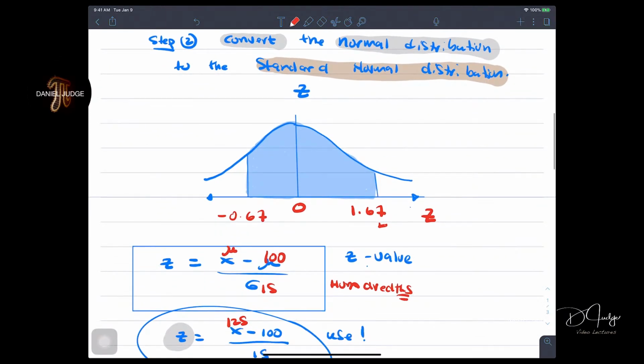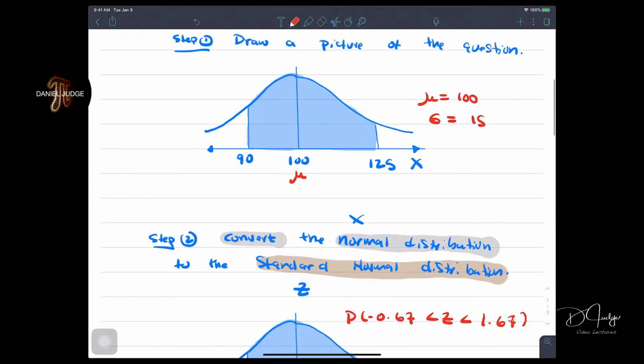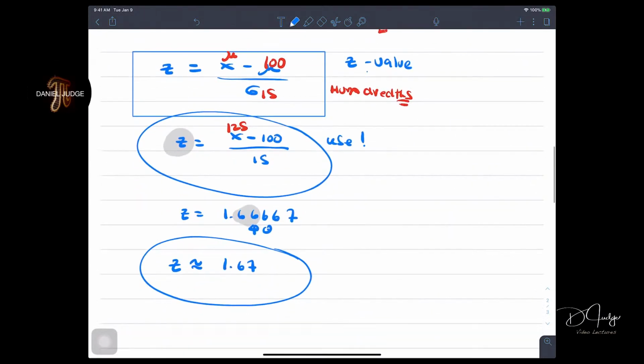So I want to say that this is equivalent to asking somebody, what's the probability that z is between negative 0.67 and positive 1.67, just like this question is asking a probability of being between 90 and 125. Okay, so I want you guys to just note that.